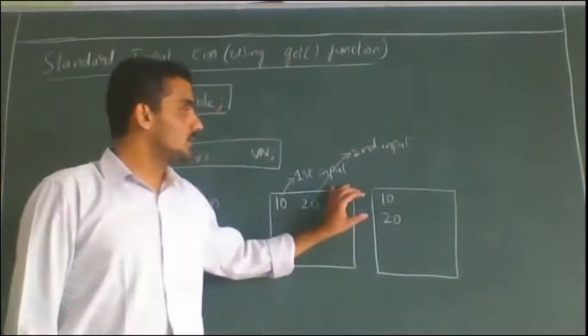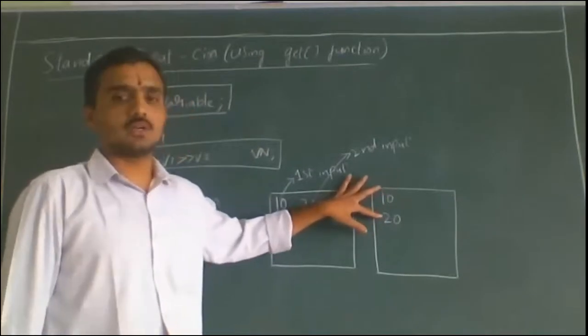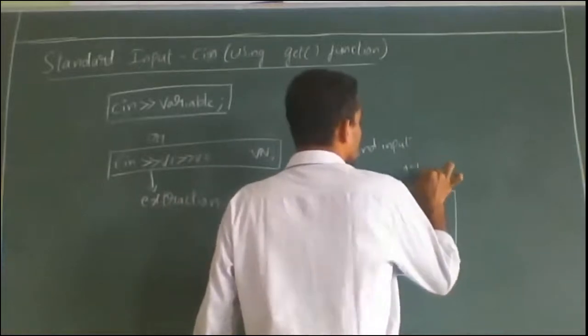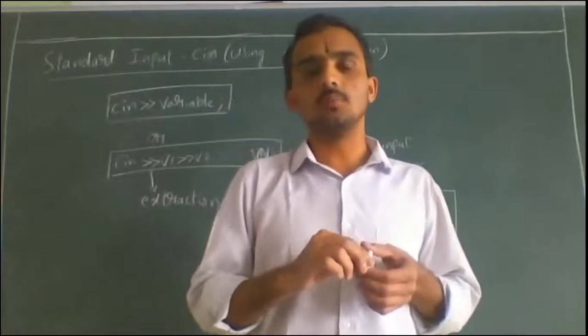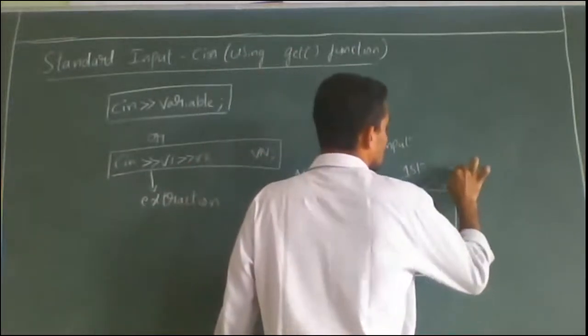Or if you enter the input values this way, 10 enter key and 20, in this case also 10 is taken as the first input, and when you press the enter key, that enter key is not considered as an input. Next, 20 is taken as the second input.